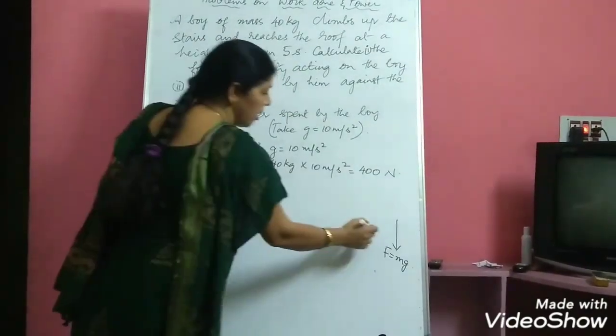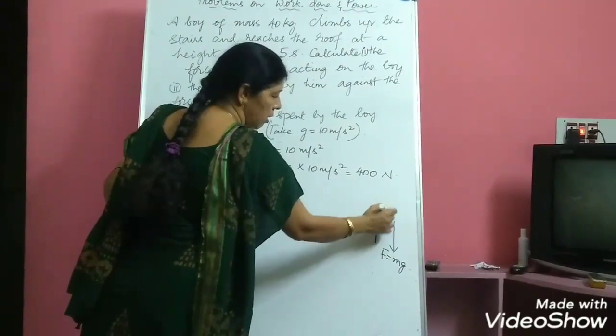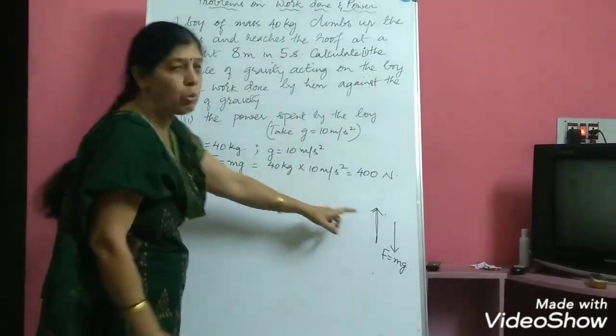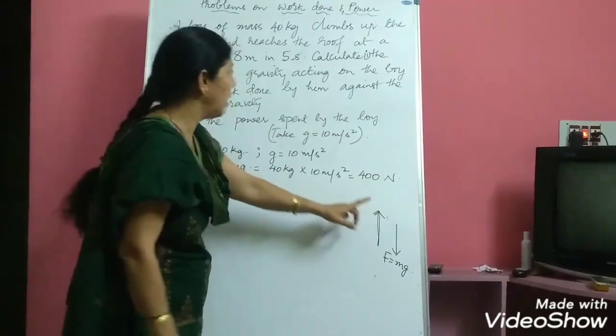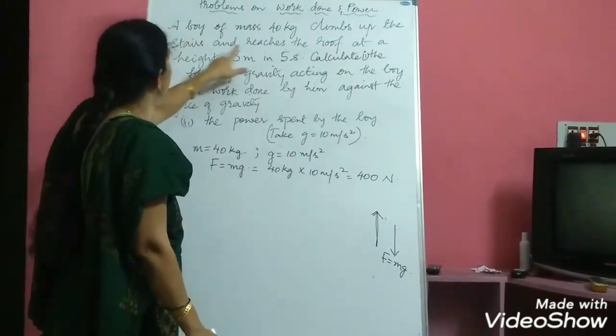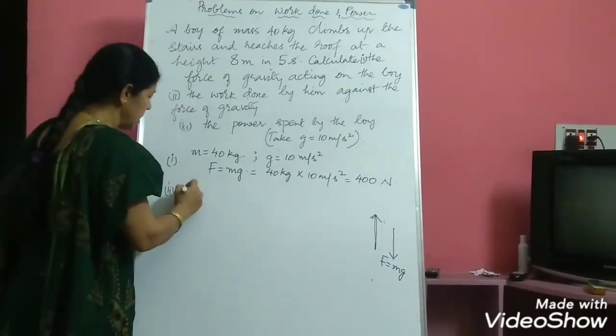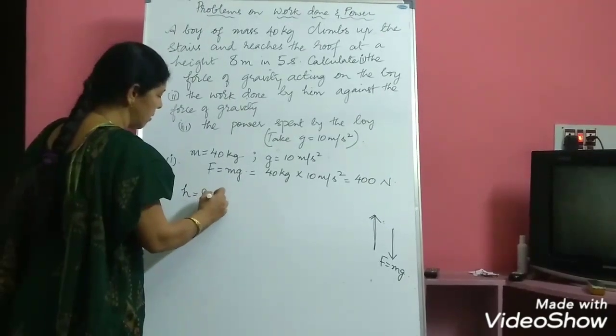But the boy is going against the force of gravity. So in this direction the boy is going, and we have to calculate the work done. What is the height or displacement he is attaining? He is attaining a displacement of 8 meters. So here h is given as 8 meter.